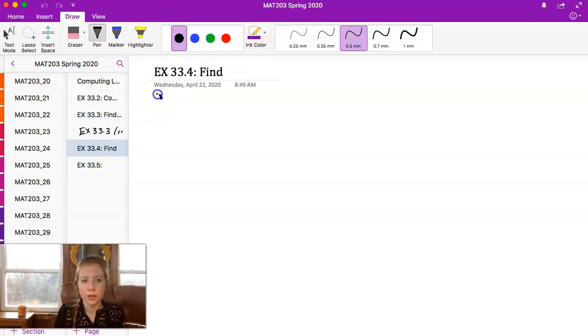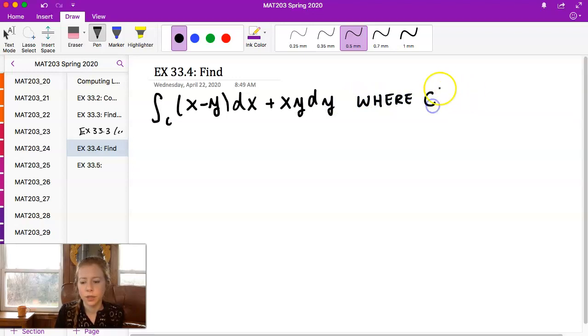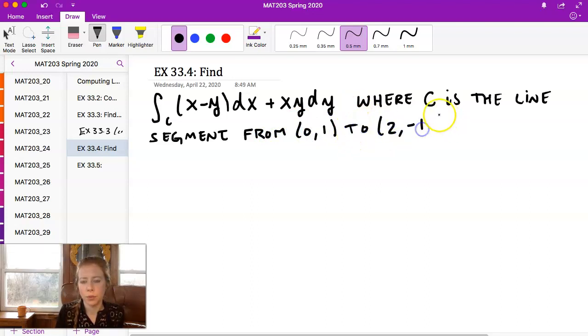So we're going to find the line integral of x minus y dx plus xy dy, where our curve C is the line segment from (0, 1) to (2, -1).